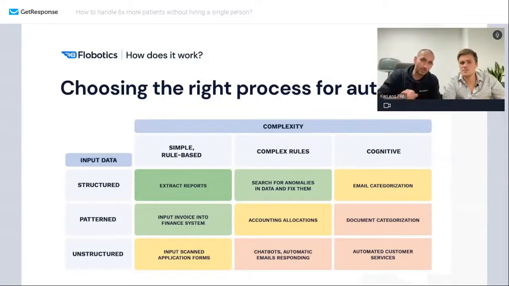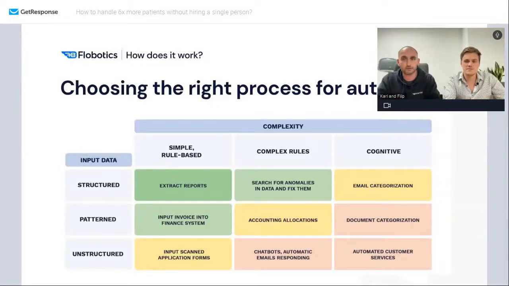The green ones, the ones that are the high ROI. This is what we want to do for our customers first, so they right away get their money back. Right away, they save money so they can invest more in RPA, more in automation, or invest in anything else they want. Exactly.